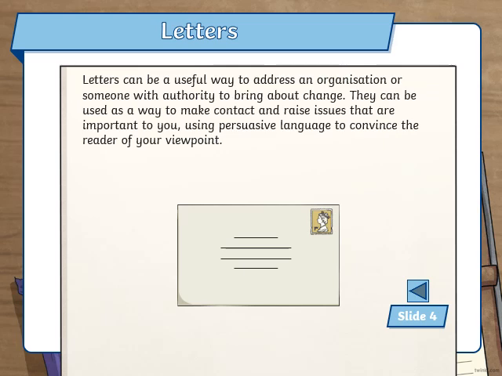So, you are going to write persuasive letters whether to an organization like the local authority in your community or in your town, or to someone like the principal, or to your parents, persuasive letters to convince them to allow you to do something or to bring change.